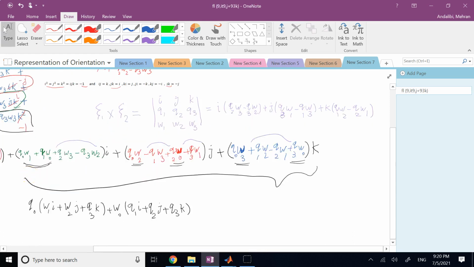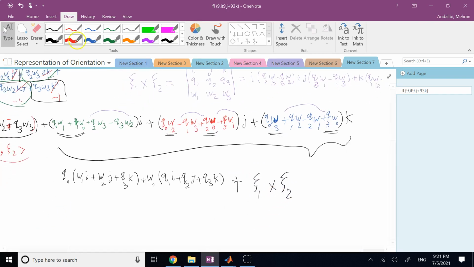So you can say this is plus zeta 1 cross zeta 2. And what are these now? Clearly, this is your eta 1, this is your eta 2, this is multiplied as a scalar times vector zeta 2, and this is multiplied as a scalar by zeta 1.